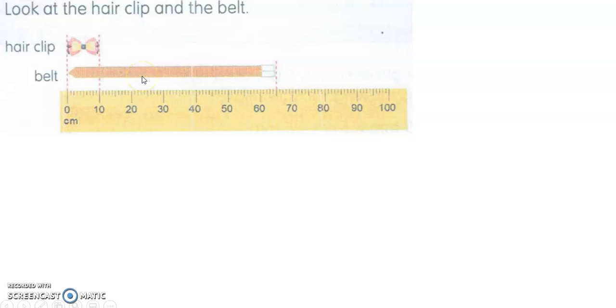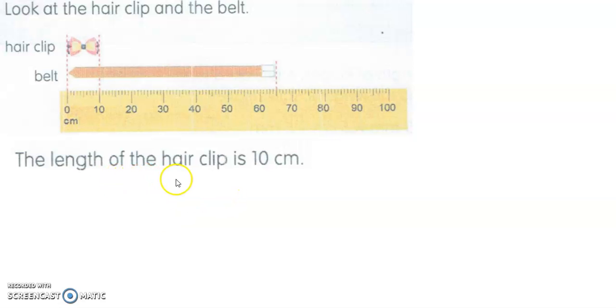Now look at the hair clip and the belt. Can you tell me from looking at the ruler how long the hair clip is? It's from 0 until 10. So this ruler is measured in centimeters, which means it's 10 centimeters. So the length of the hair clip is 10 centimeters. I want the length of the hair clip in meters instead of centimeters. You know that 1 meter equals 100 centimeters.